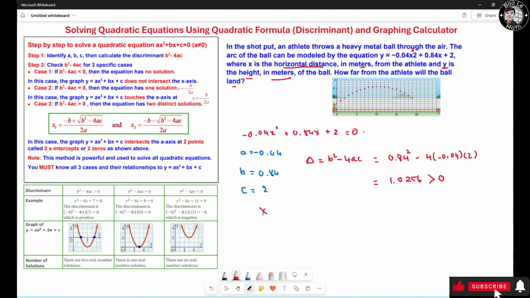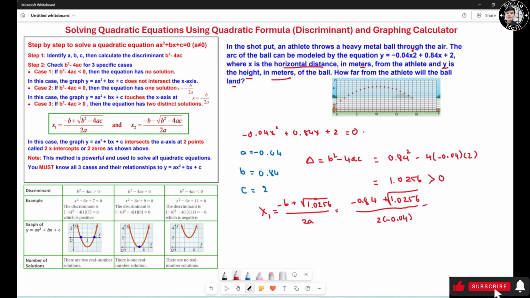So the first one, s1 equals negative b plus square root of 1.0256 over 2a, right? So it's going to be negative 0.84 plus square root of 1.0256 over 2 times negative 0.04.